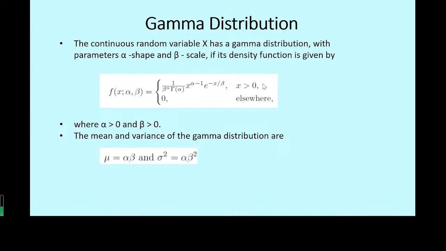The gamma random variable is a positive number because we model the time until the next alpha occurrences of Poisson events, so this time has to be positive. Both alpha and beta are positive numbers also. The mean and the variance of the gamma distribution are alpha beta for the mean and alpha beta squared for the variance.